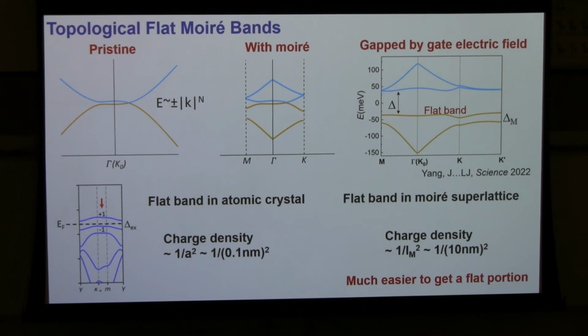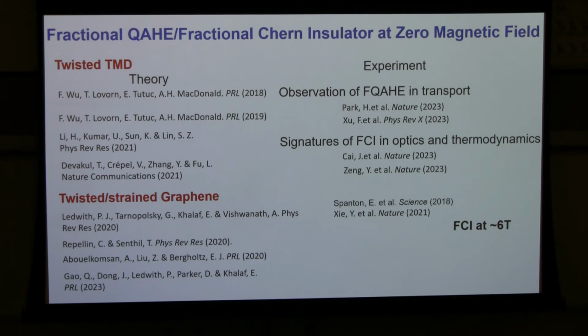And that corresponds to a much smaller charge density that's much easier to control, especially with a gate. This has been the idea that theorists borrow and how they propose what materials can show this fractional quantum anomalous Hall effect. Okay, it was first predicted in twisted TMD material, twisted MoTe2, twisted WSe2, and later experimentally it was indeed observed by transport measurement that you can have fractional quantized Hall resistance at zero magnetic field in these two works.